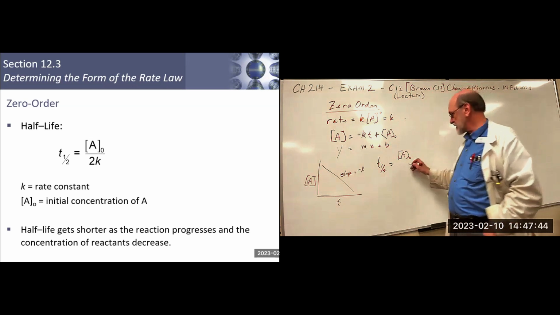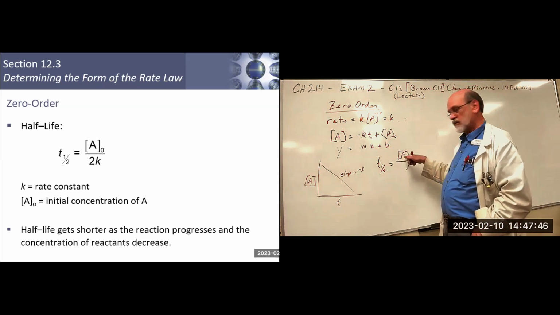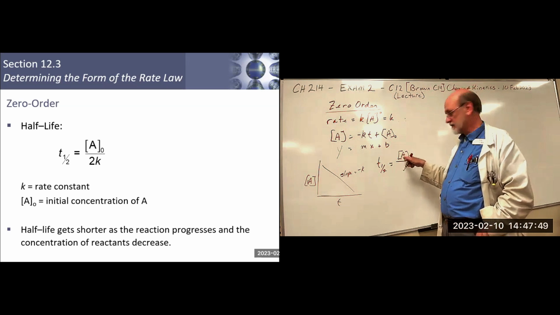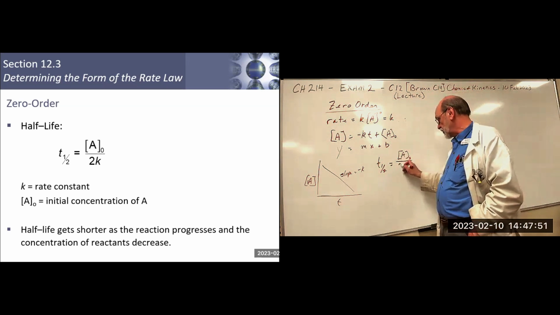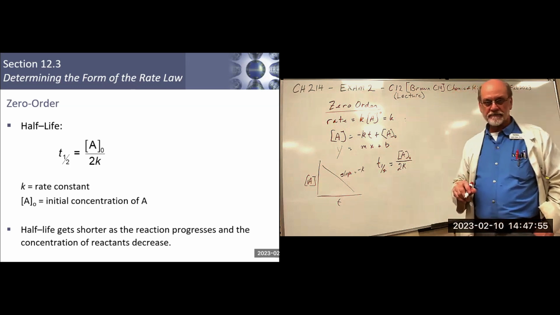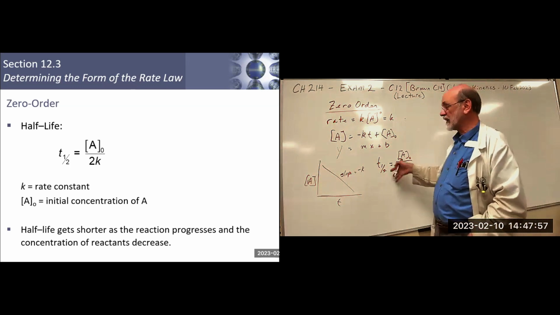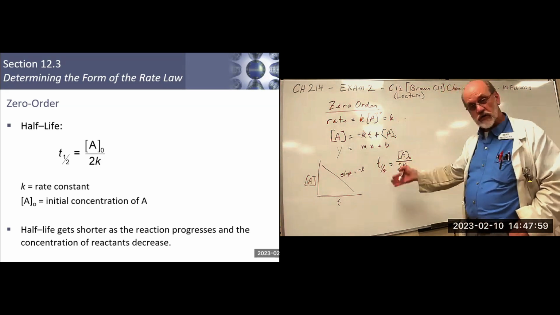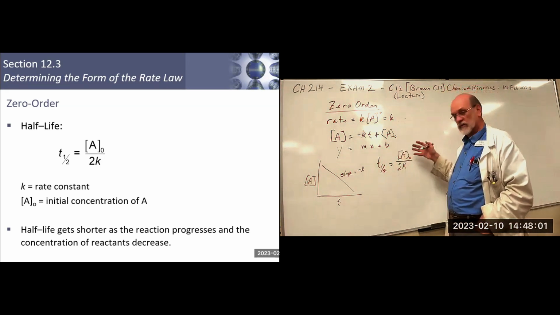And how long does it take to lose half of that value? You need to know both the initial concentration and the K value. And you can calculate the half-life, or you can use the half-life to determine one of these other factors.